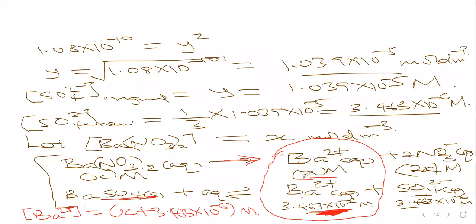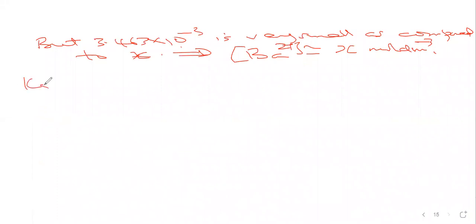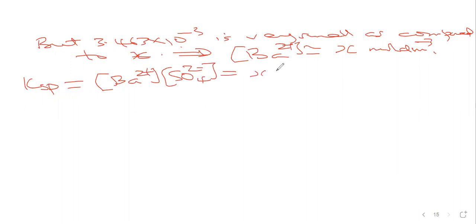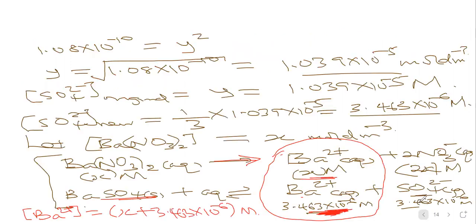You see how we are almost getting the mass we are aiming at. So now we rewrite our expression for KSP, which is KSP is equal to concentration of barium ions, concentration of sulfate ions, which is equal to X into, what is that of the sulfate ions? It is this one.